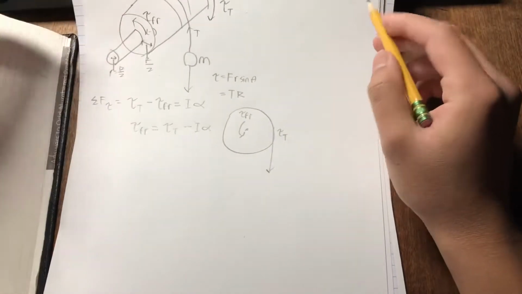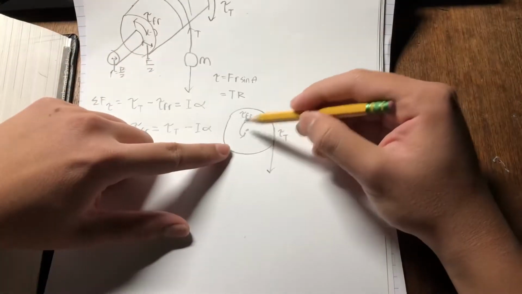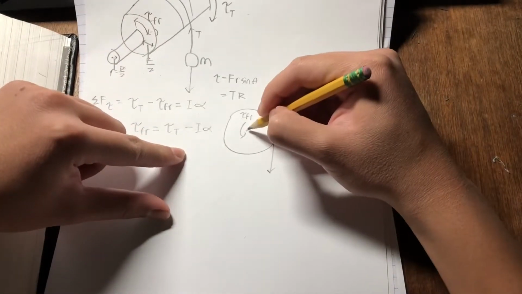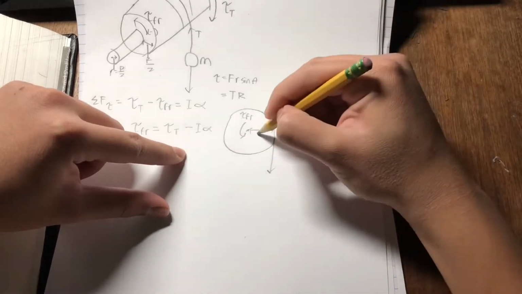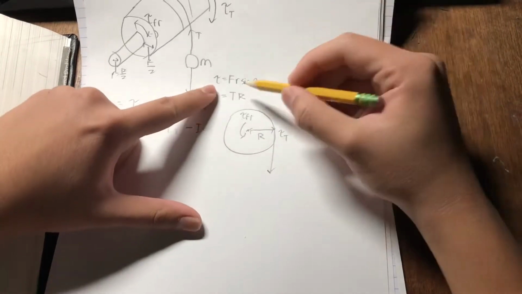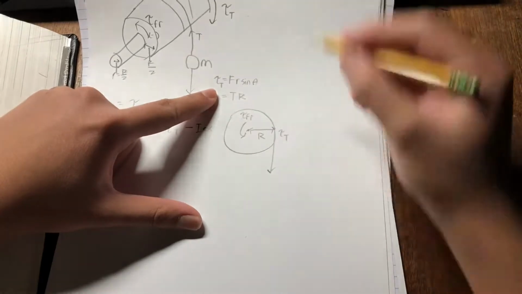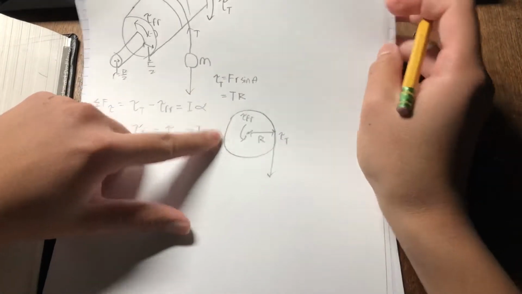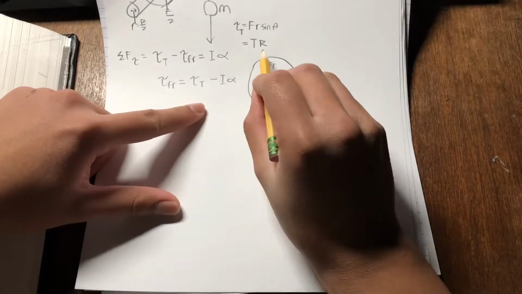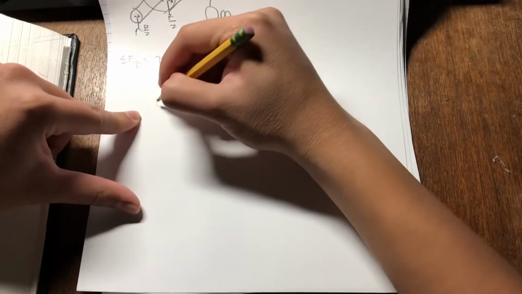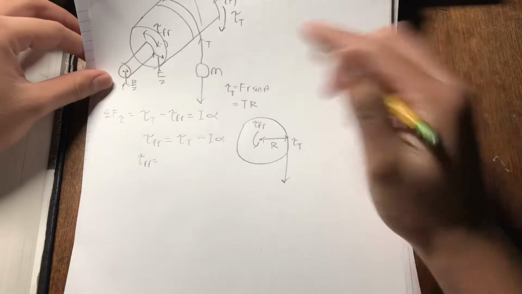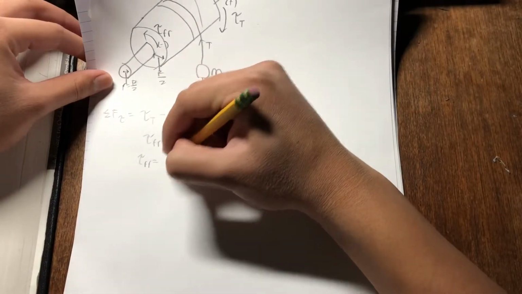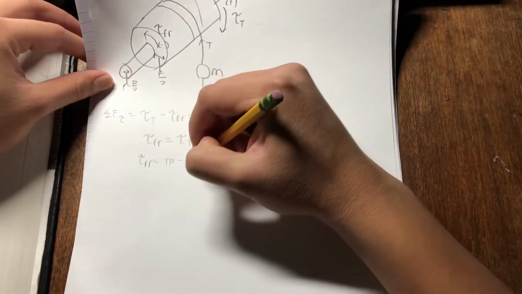As you can see, it doesn't matter that you've got that axle there. The radius from the torque due to tension to the center of this entire apparatus is still big R. So that's why your torque due to tension is just TR. So in place of torque due to tension, you write TR. Let's rewrite this: torque due to friction is equal to TR minus moment of inertia times alpha.